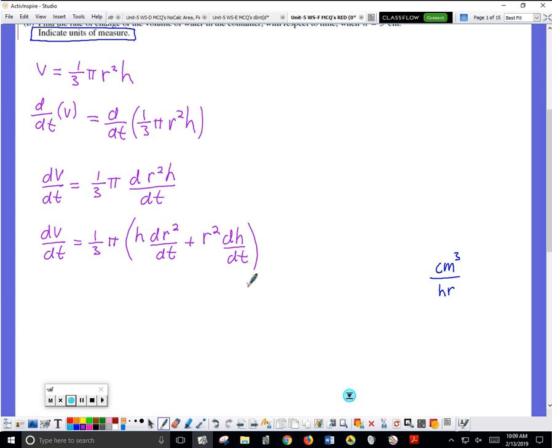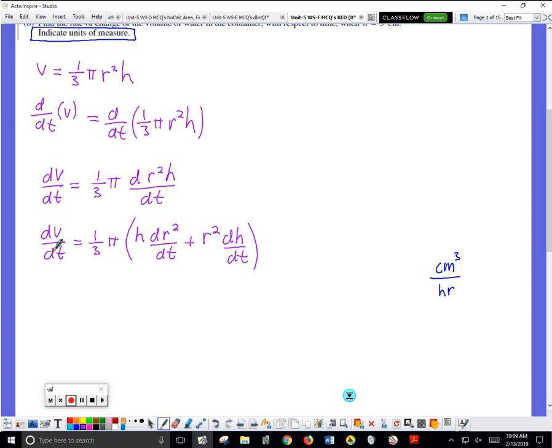Questions? Why did we use dt again on the bottom? Because everything is changing per time. With a related rate problem, I've never seen one ever on the AP test that wasn't per dt. You can invent one that isn't, but they never have. Very good.